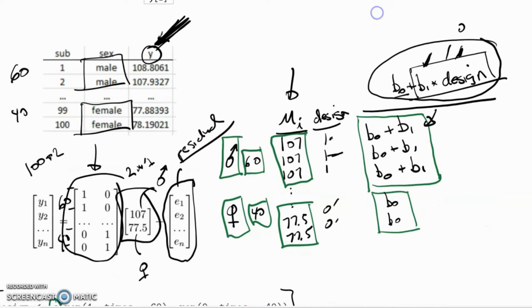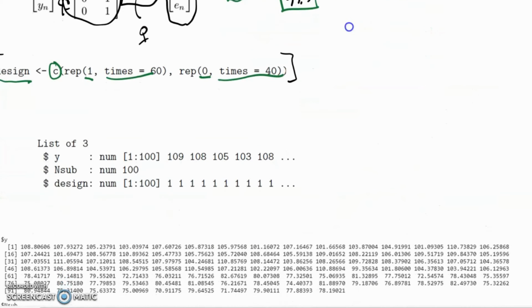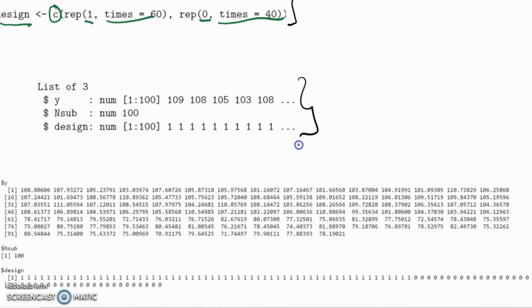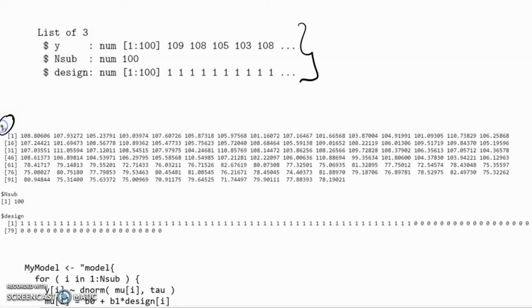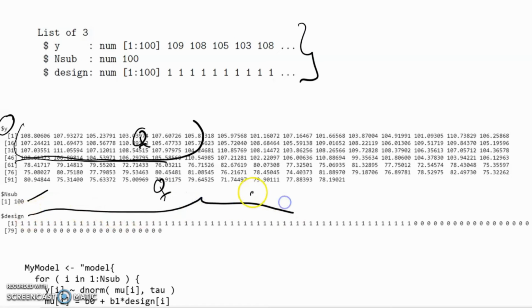So let's look at the code. Actually, before that, let's look at our data. We're going to make this data like this. And so you're going to have values of Y, the observed values of wing length, that's going to consist of these 60 values here of male, and then these 40 values of female. We're going to have n sub, the number of subjects, and then we're going to have design, 60 males and 40 females.